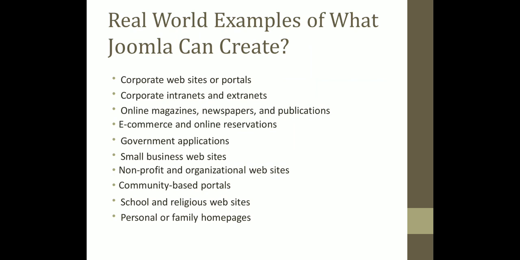Then, talking about real world examples of what Joomla can create, creating websites or portals comes under this category: corporate intranets and extranets, online magazines, newspapers and publications, personal or family homepages, government applications, small business websites, non-profit and organizational websites, community-based portals, schools and religious websites.